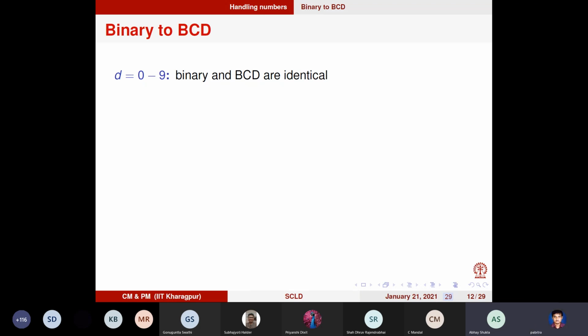For every digit of the decimal number, you have 4 bits allocated to it, sometimes called a nibble, basically half a byte. So if you want to represent 2022, you would need 16 bits, I mean 4 sets of 4 bits to represent a 4-digit decimal number.